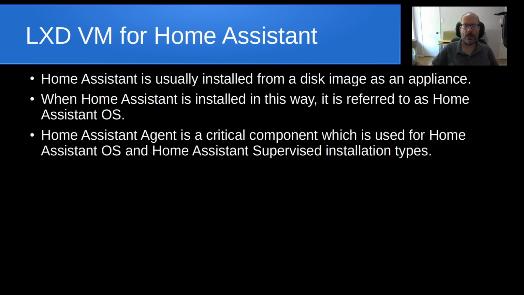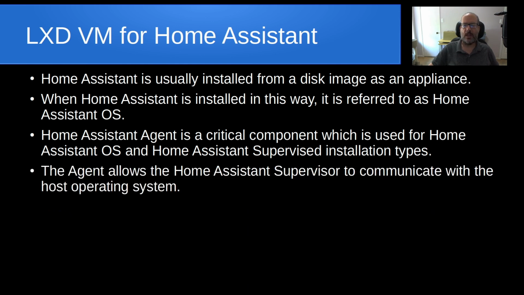So we've got two components. We're going to have the Home Assistant Agent and the Home Assistant Supervised. The agent allows the Home Assistant Supervisor to communicate with the host operating system and make any necessary changes or calls through that host operating system. And that's one of the reasons why they like to have a very solidly known environment, and it needs to be a dedicated environment, and that's why they like to distribute it as an appliance.